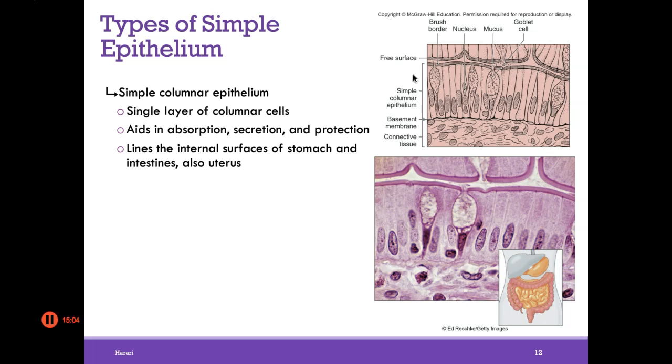So we see absorption, but also secretion of mucus because they contain goblet cells. These are goblet cells over here because they look like a goblet. Right, so you can see here these columnar cells, columnar, single layer. So that's why we know that it's a simple columnar. But they have these goblet cells that produce mucus. Note these are the nuclei. They're all in one layer. Right, so those are the simple columnar epithelium.